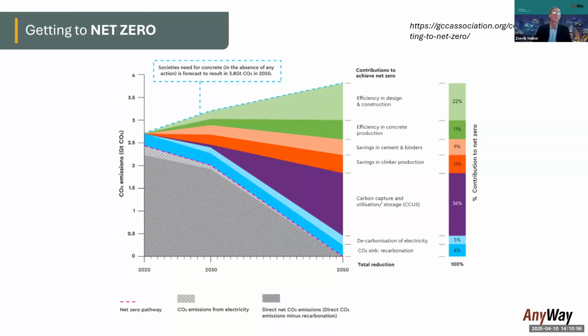And of course, trying to save on the clinker production. So these 52% are those parts and elements that we focused on.